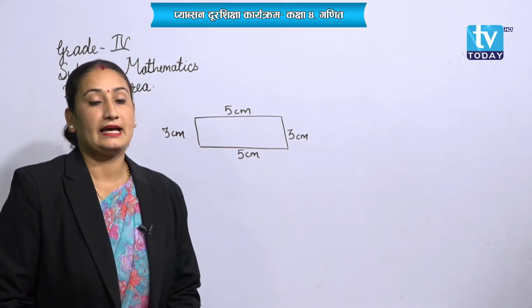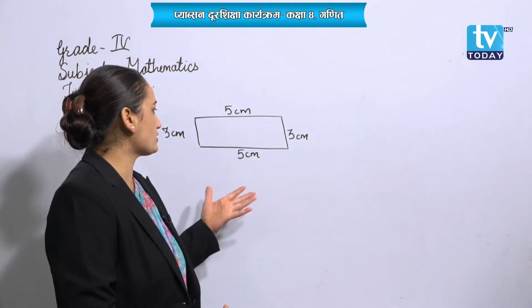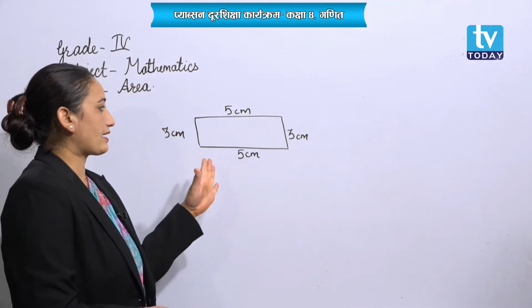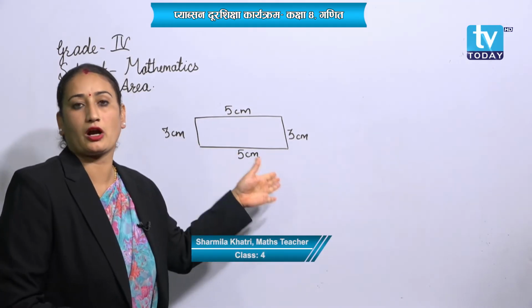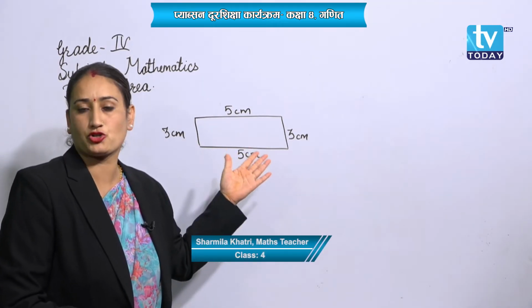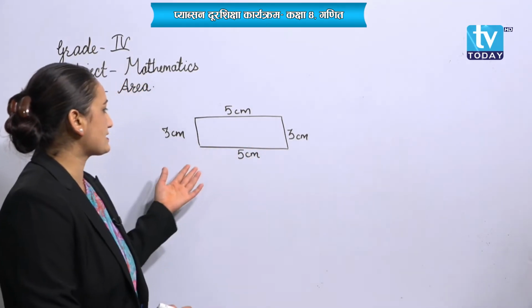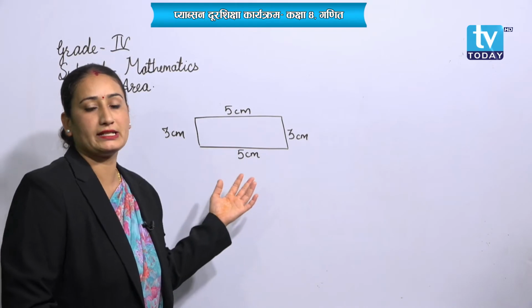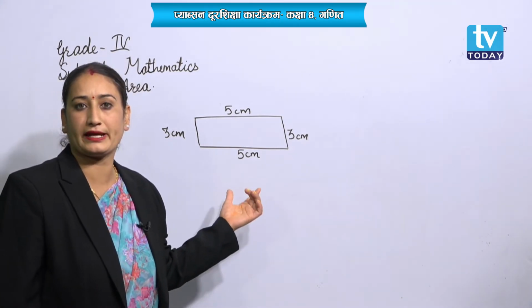Okay students, see here in this rectangle, over here also we are going to do the same thing. The rectangle is also bounded with 4 plane sides, right? All the sides are bounded with straight lines. They are the plane surface, a closed plane surface.